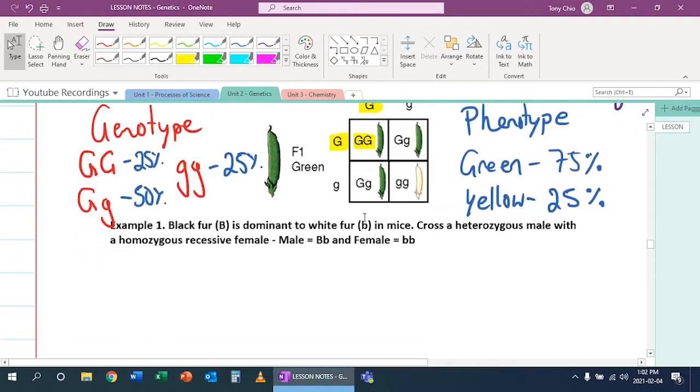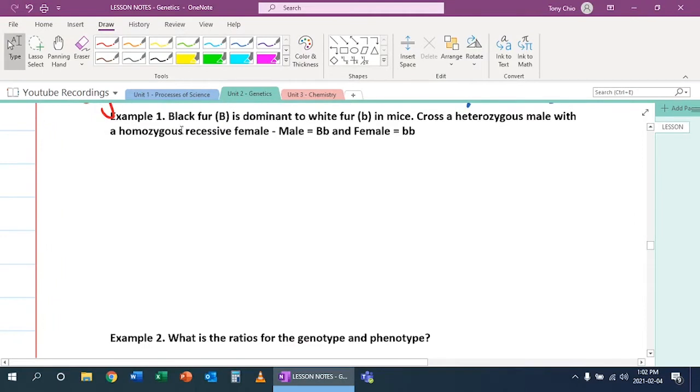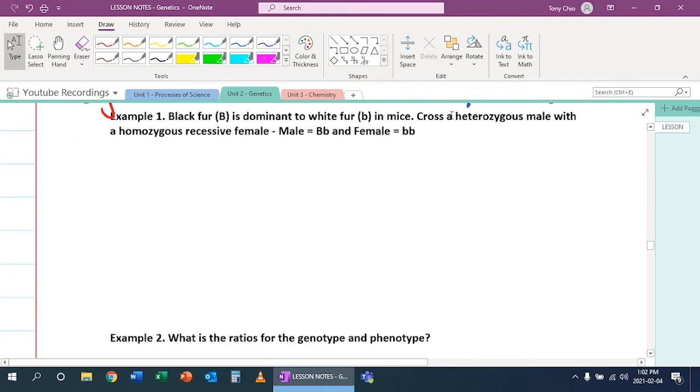So let's try it out with this first one. In this first one over here, we have example 1. Black fur, capital B, is dominant to white fur in mice. Cross a heterozygous male with a homozygous recessive female. And here are the alleles of both of them. So what's going to happen is I'm going to create a Punnett square.